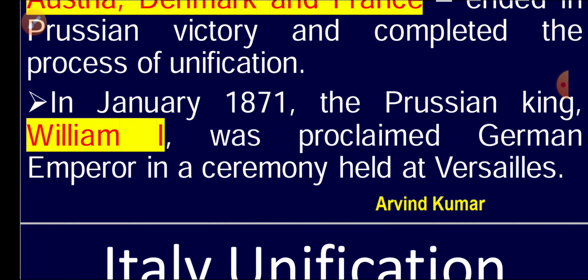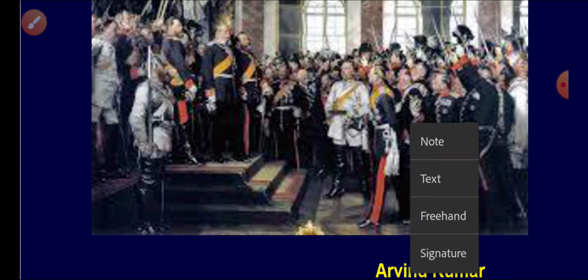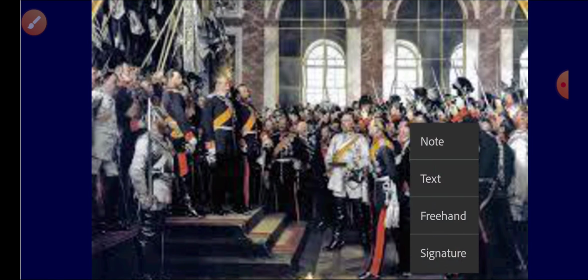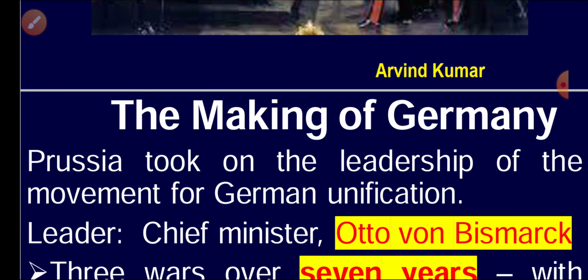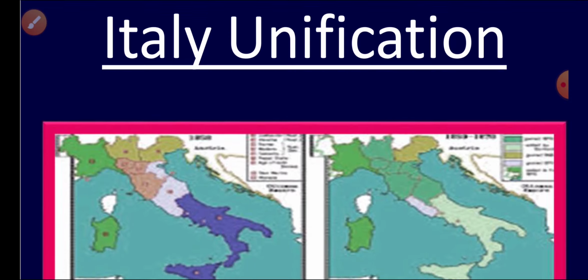Means with the efforts of Otto von Bismarck, Kaiser William I was declared as the king of Germany. This ceremony, this picture which you had already seen here, is related to the oath taking ceremony of Kaiser William I. Otto von Bismarck's effort became successful.